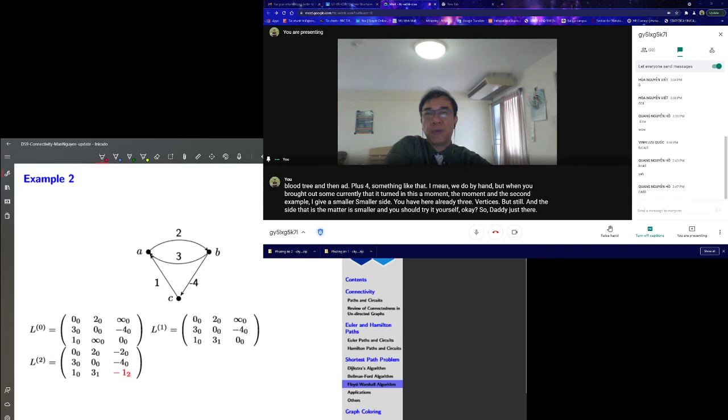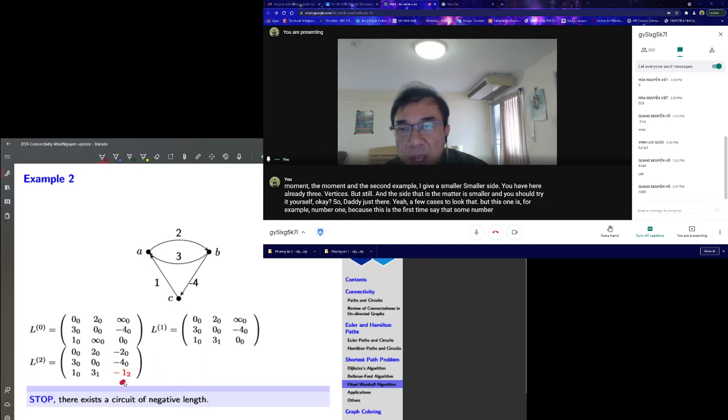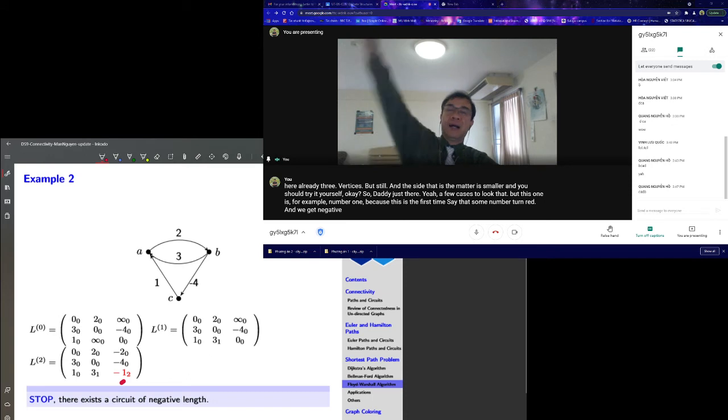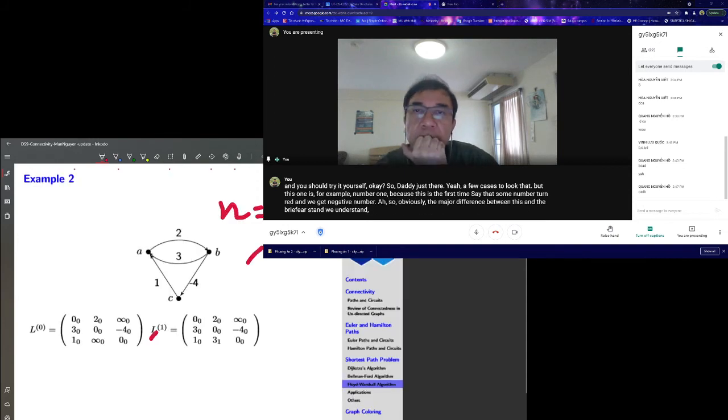There are a few cases to look at, but this one differs from example number 1, because this is the first time some number turns red and we get a negative number. So this is the major difference between this and the previous example. In the previous example, you see the distance matrix, we don't get a negative circuit.